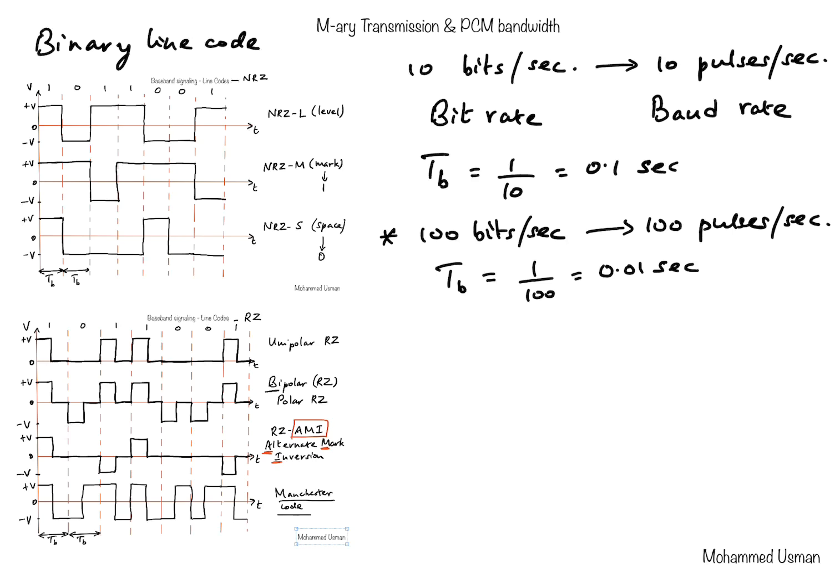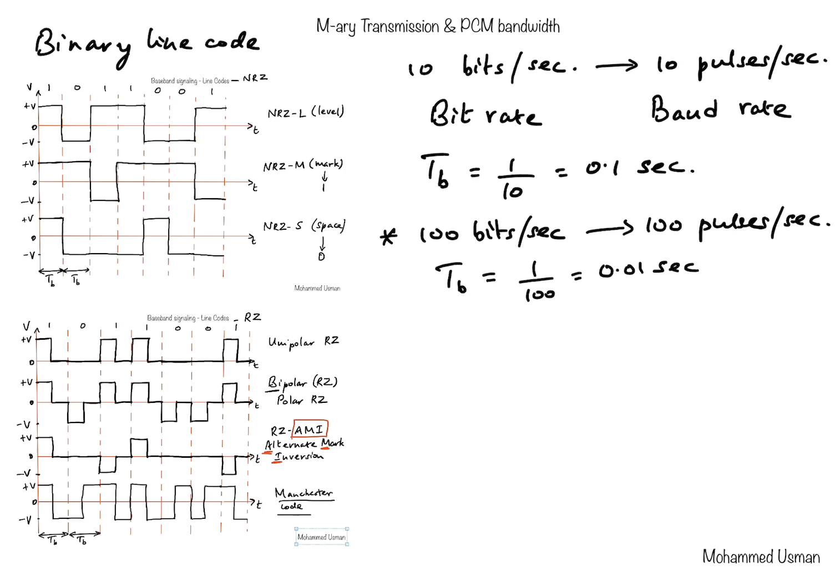All right. So what happens is, as these pulses become narrower and narrower, the bandwidth required to represent each pulse in the frequency domain becomes wider and wider, because time and frequency have an inverse relationship. When you make something narrower in the time domain, it becomes wider in the frequency domain.